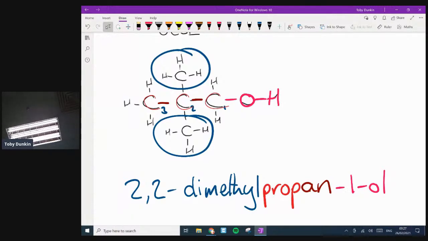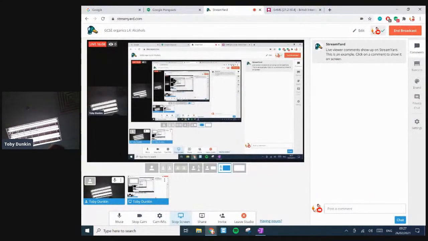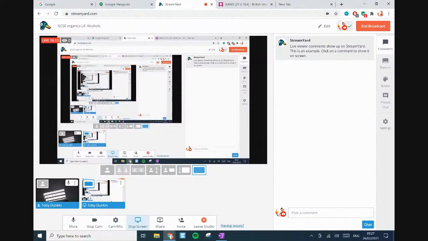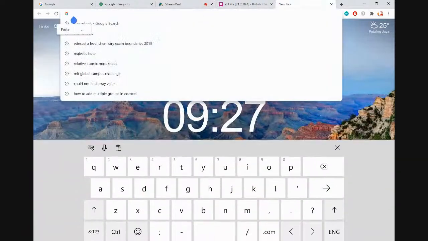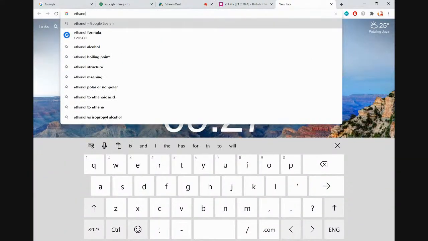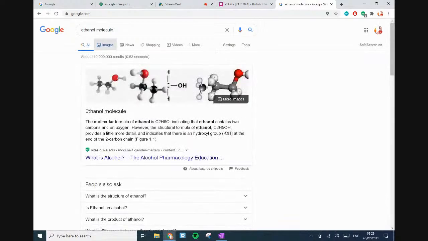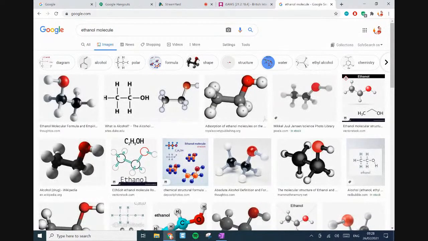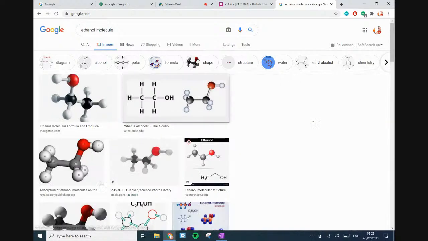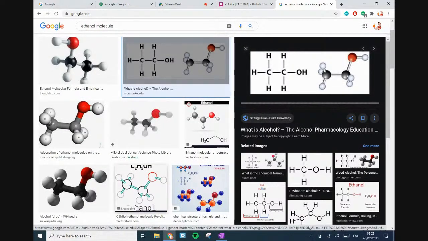I'm now going to go to the internet and show you some garbage internet. I just want that one there. So just to quickly show you, if I Google ethanol, now don't get me wrong, the internet is a great resource, but it doesn't half have some garbage chemistry on it. That there is a nightmare for me, because this is a habit of the internet which drives me crackers.